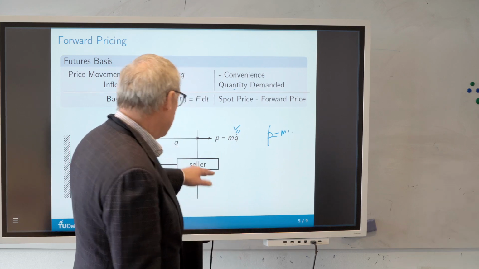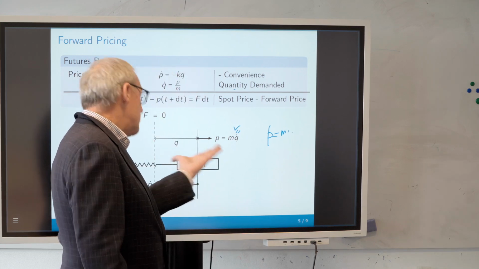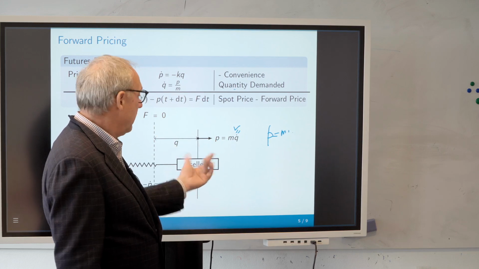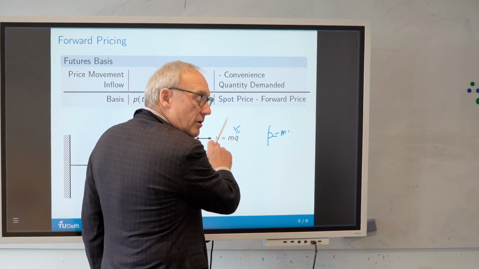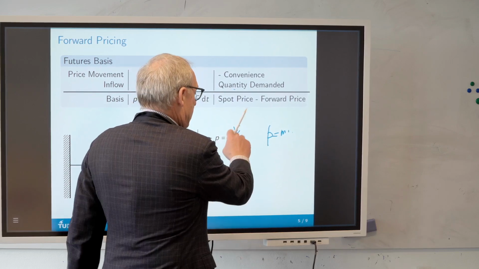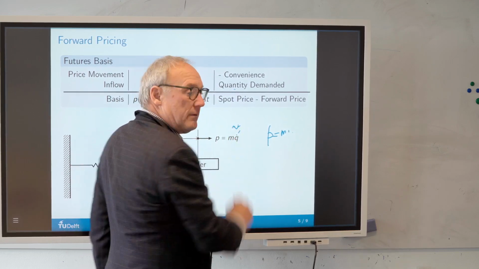So if you now have a seller who's selling out of storage rather than loaning, you find that the change in the stock level is going to be equal to the quantity demanded.